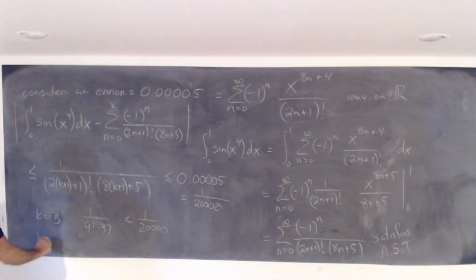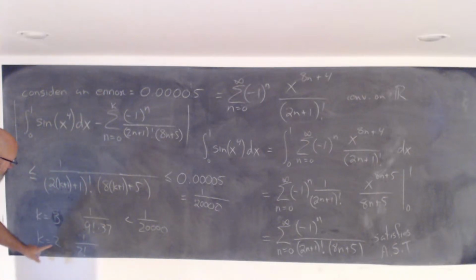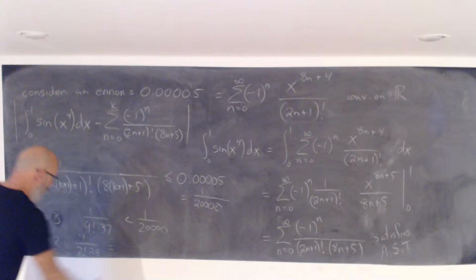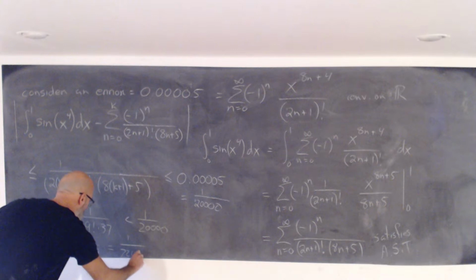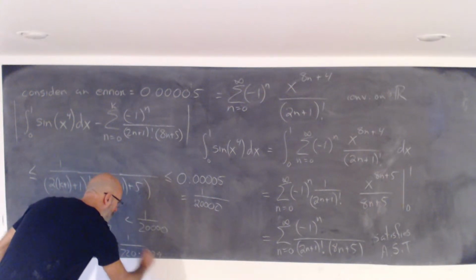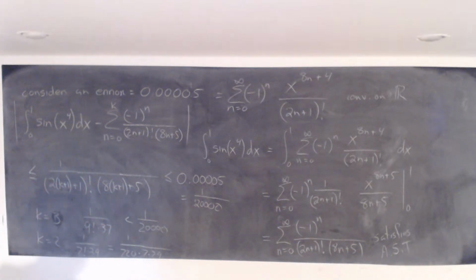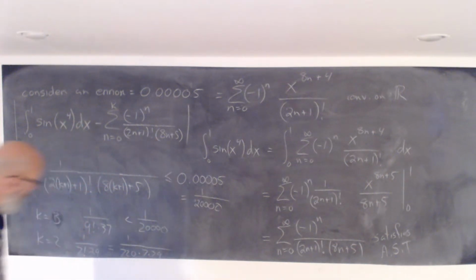And if k is 2, 3, 6, 7, 1 over 7 factorial. So that's 720 times 7 times 29. 7 times 30 is 210, so that's 203.